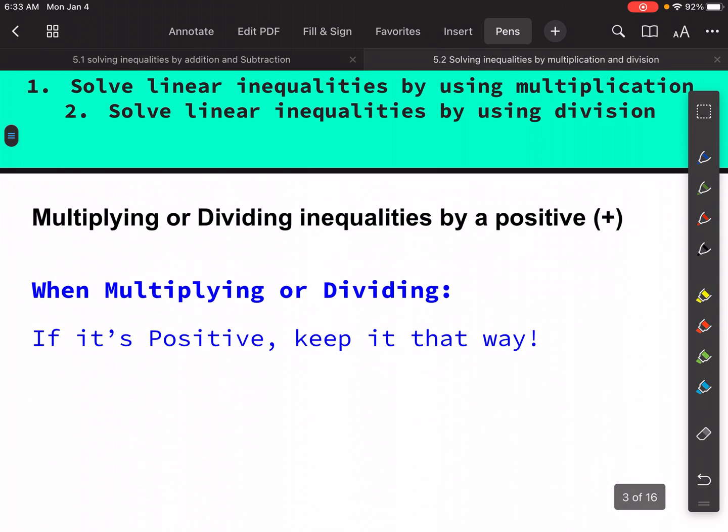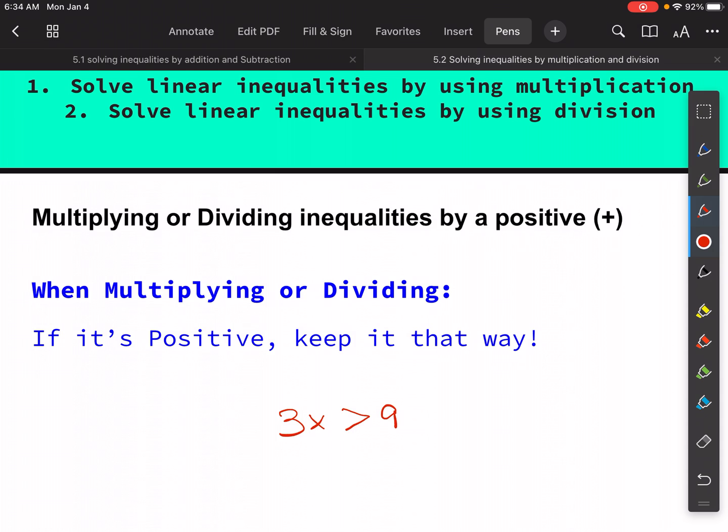So, when multiplying or dividing, here's the deal. If we multiply or divide by a positive, we're going to keep the inequality as it is. For instance, if I have 3x is, let's just say, greater than 9.